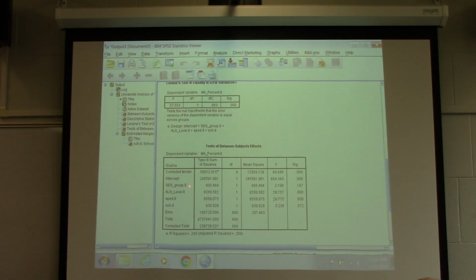My three covariates. SES, that's free reduced lunch or socioeconomic status. I look over here, 0.147. Interestingly enough, it's not even a significant covariate. That's very atypical. Usually, income level is a big factor on test scores, but it's not a significant covariate.